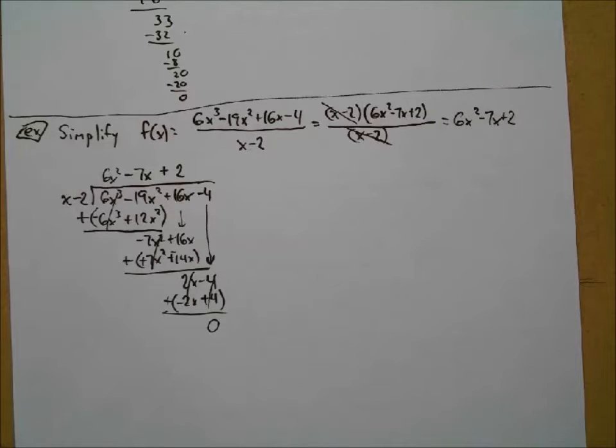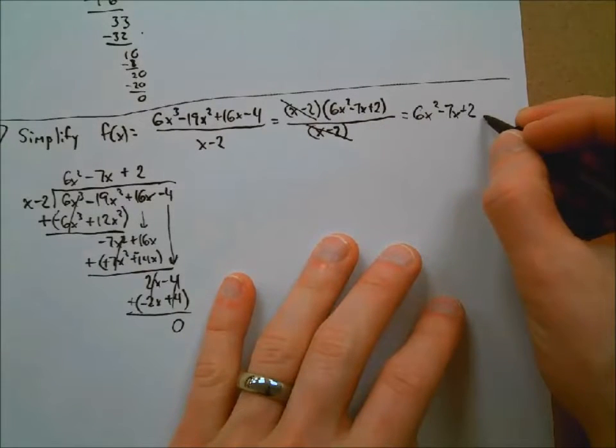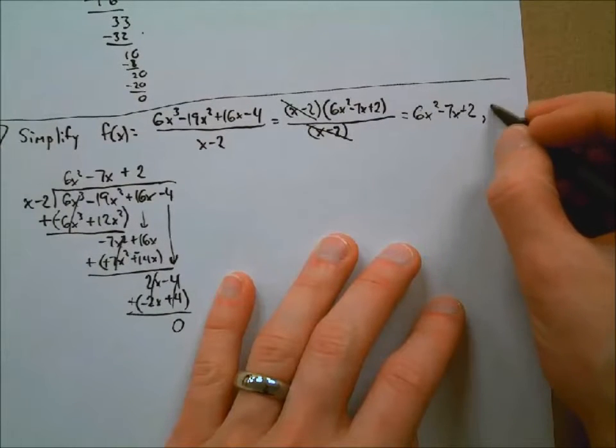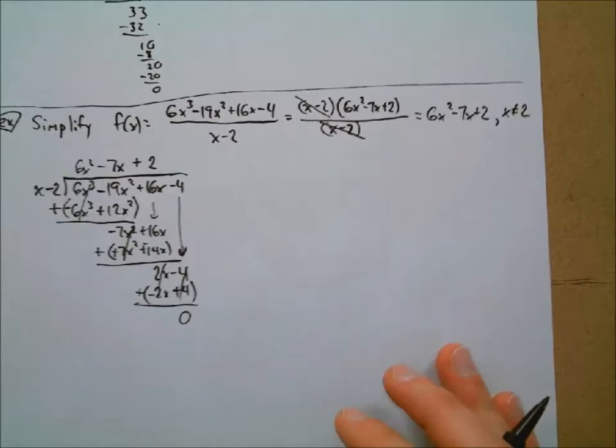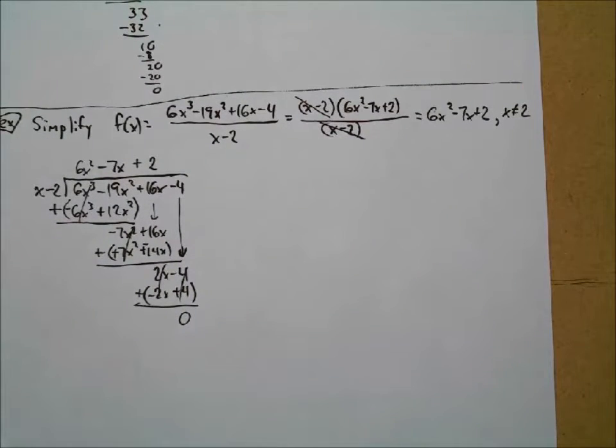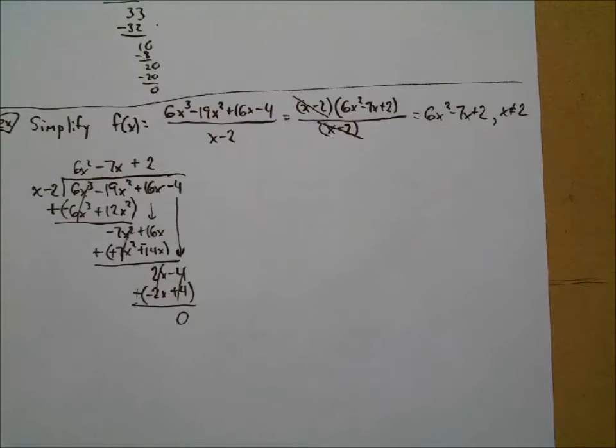And typically that's okay because these things are essentially equal at all but one point, right? But to indicate that these things are still equal, what we typically throw in, or you'll see maybe in more official math books, is something like this, where we say these things are equal as long as x is not equal to 2. So that's why you'll see that little comma thrown in there, x not equal to 2, okay?